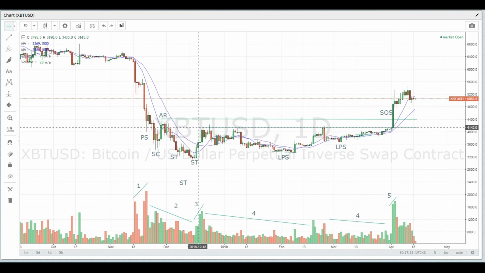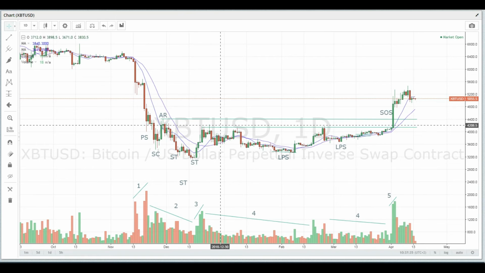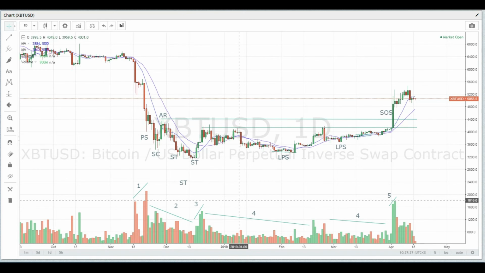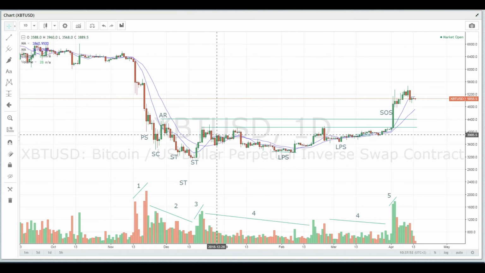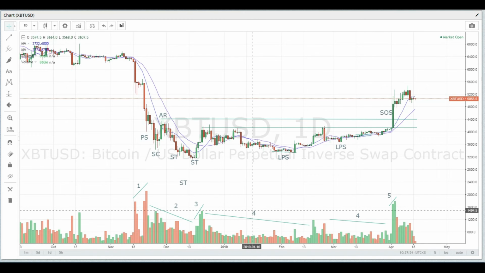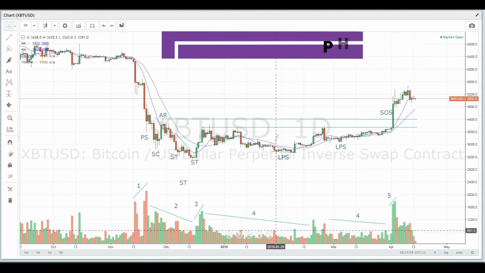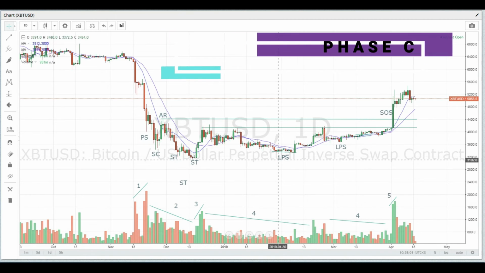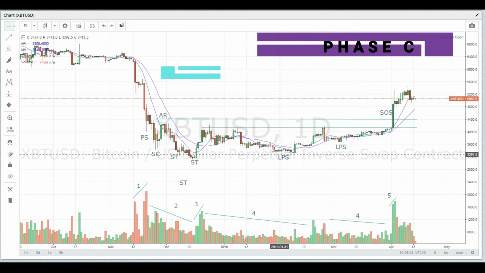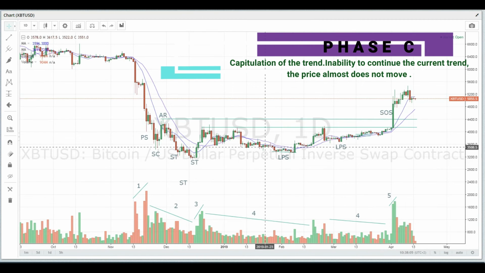The money showed up, and after that comes the fourth phase in which volume is rather low, and here we have the last point of support.